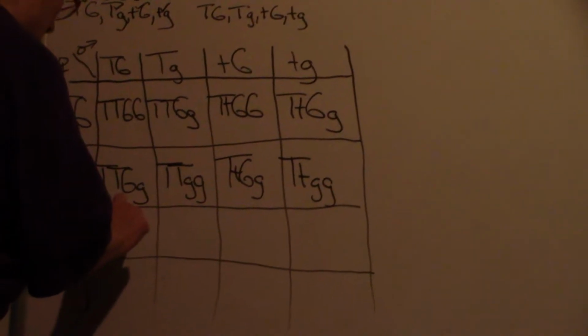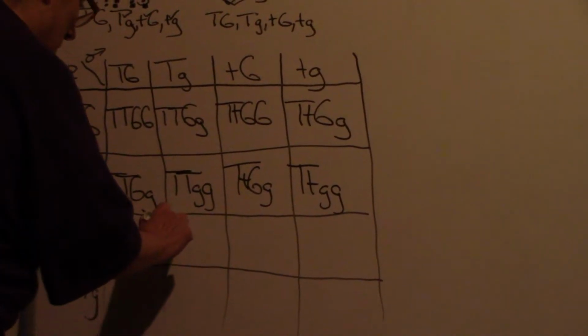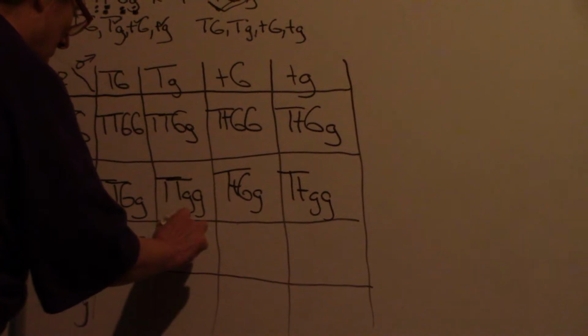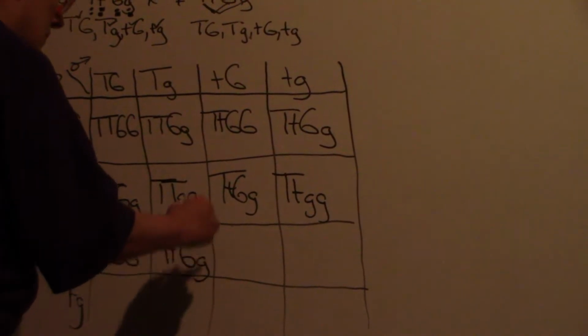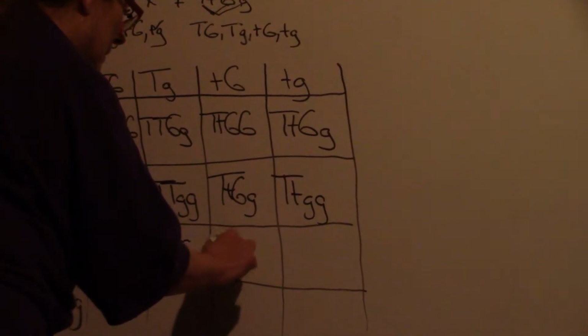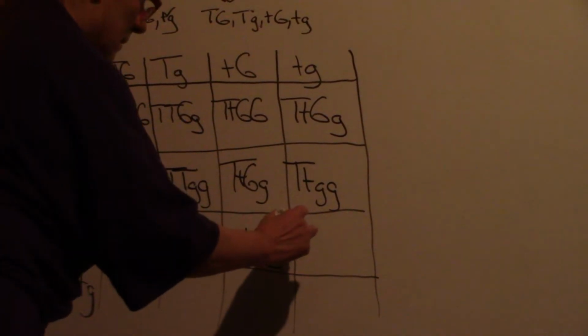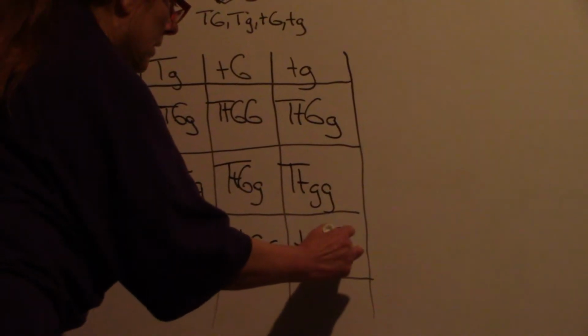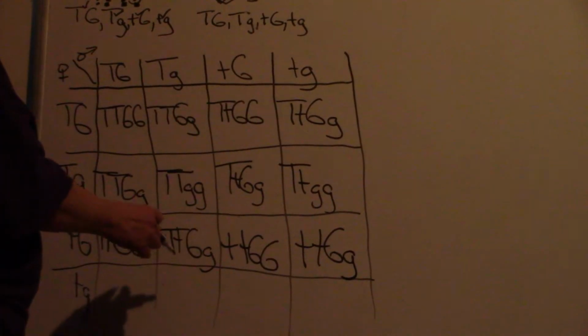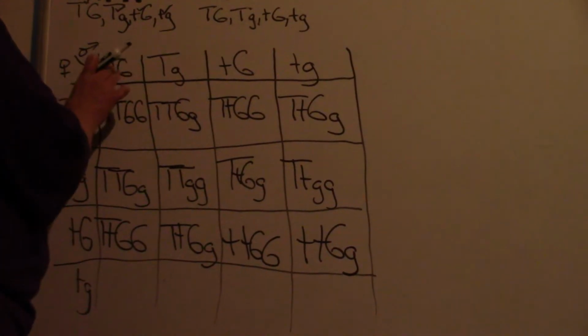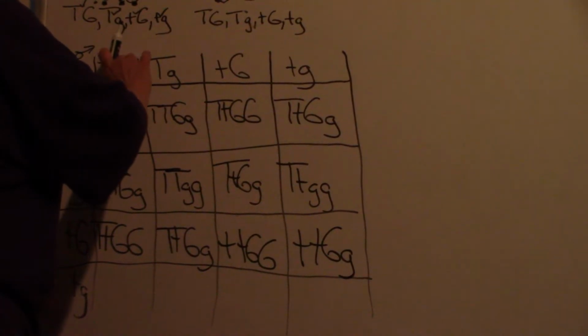Big T, little t, big G, big G. Big T, little t, big G, little g. Little t, little t, big G, big G. Little t, little t, big G, little g. Do you see what I'm doing? It's a pattern. I'm just putting the gametes together.